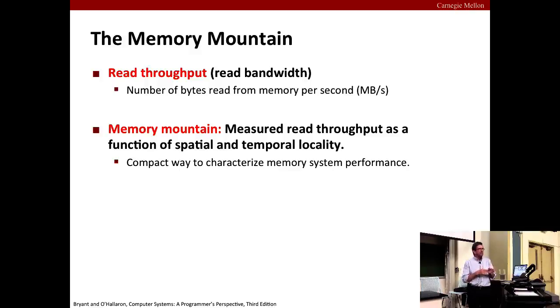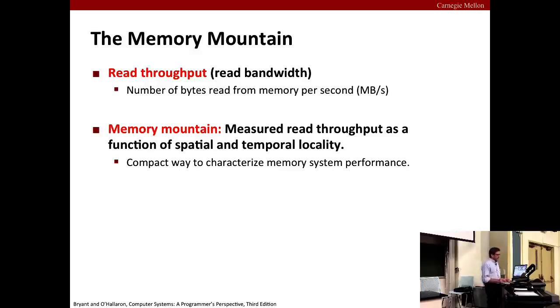In a sense, it's looking at a wide range of locality characteristics in a program, and plotting the performance of the memory system across that range as a two-dimensional function. So in some ways, the memory mountain is a kind of fingerprint. Every system has its own unique memory mountain that we can measure by writing a simple program.